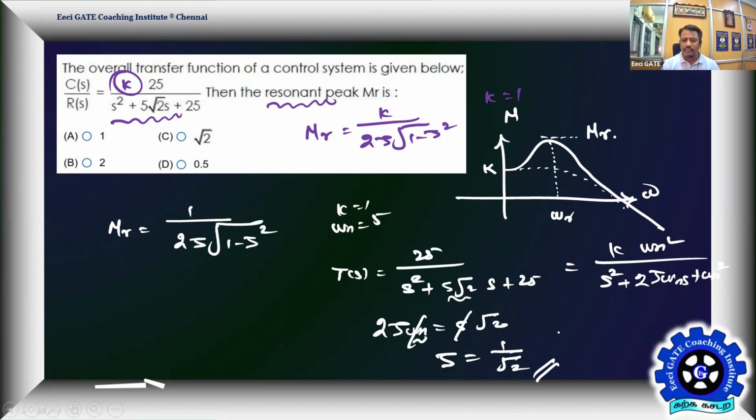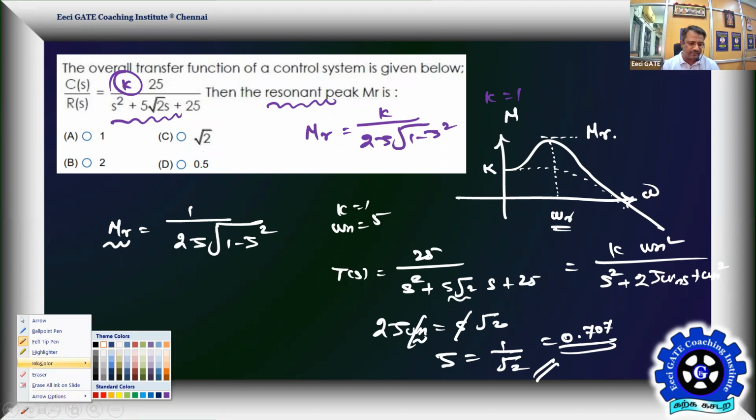That's wonderful. Zeta equal to 0.707. No resonance happens. Then what will be the resonance peak? This is not valid, so M_r is going to become 1. That's the maximum, and resonance is not going to happen here. We were expecting the resonance, but unfortunately resonance is not happening.